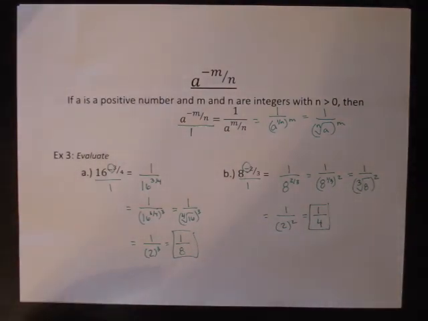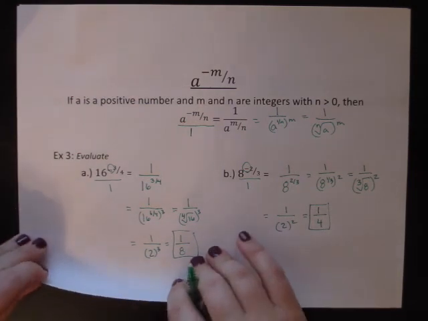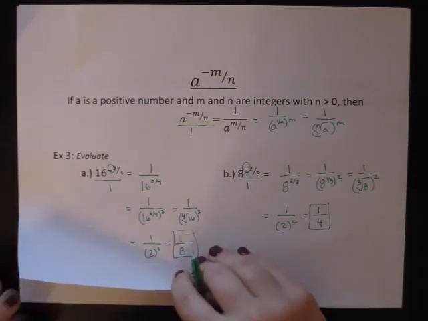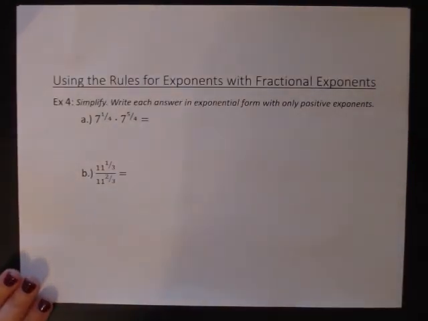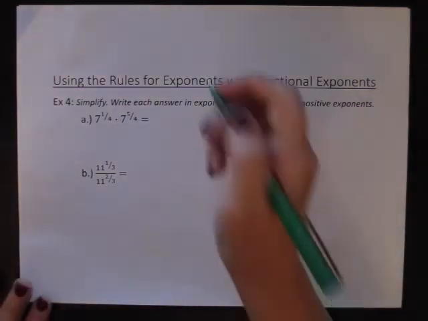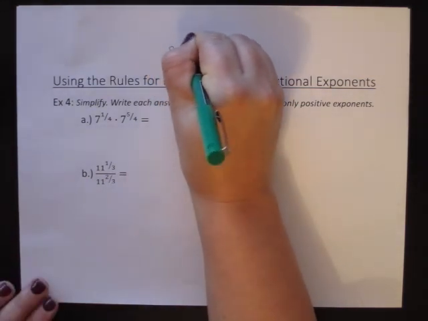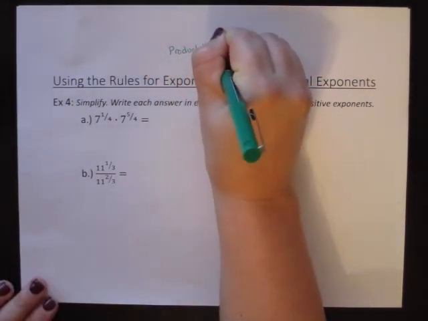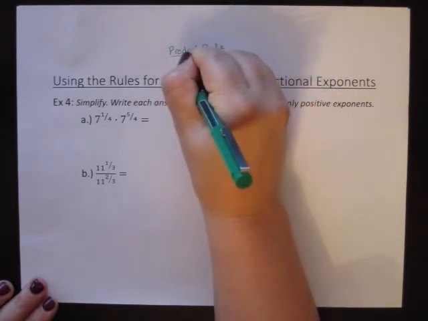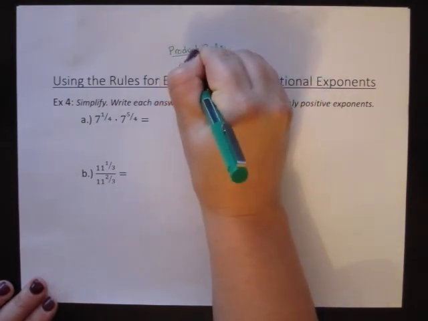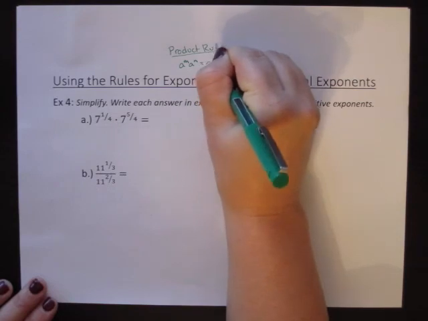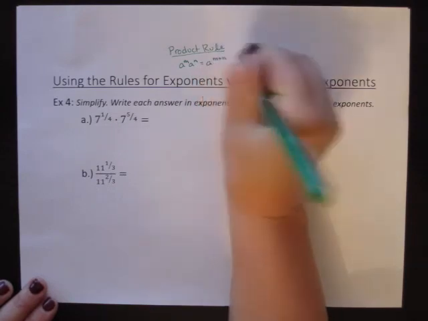Hopefully you can see the connection between these types of problems. Alright, now we're going to use the rules for exponents with fractional exponents. That means we're going to use our product rule. Remember, our product rule is when we have a to the m times a to the n, that'd be a to the m plus n.